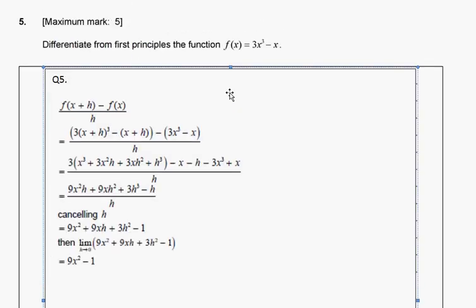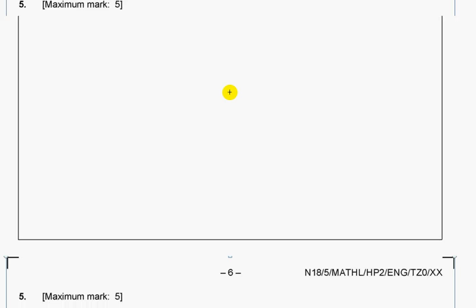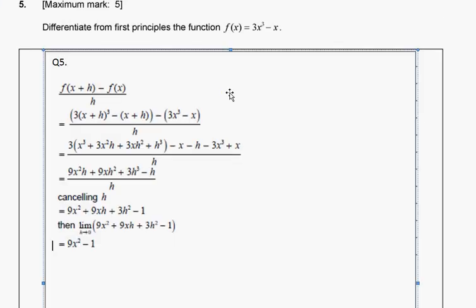So, differentiate from the first principle the function f(x) equals 3x cubed. Right. So, from the first principle means that you should have this expression. So we should open this cube. We opened it using the binomial theorem. 1, 3, 3, 1 are coefficients.